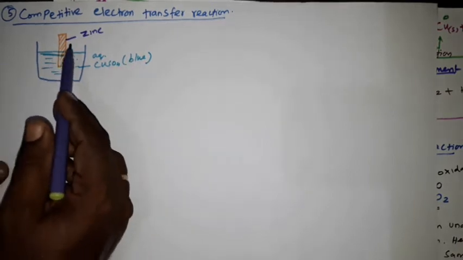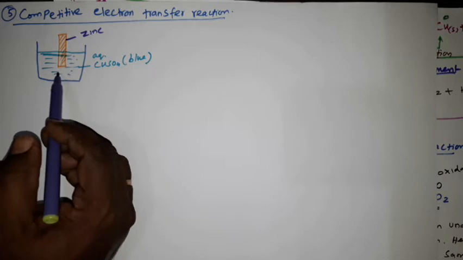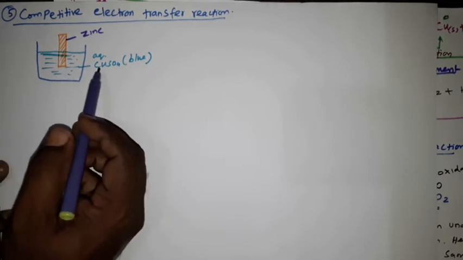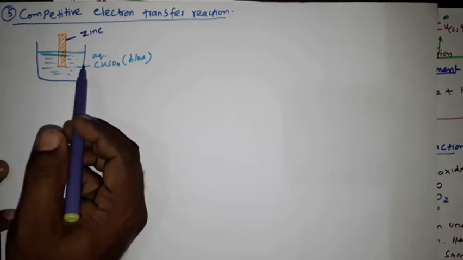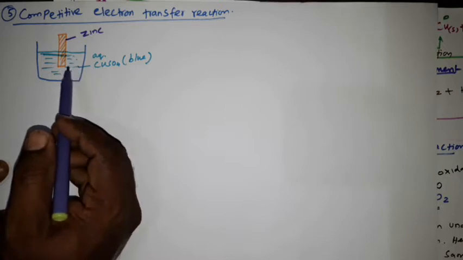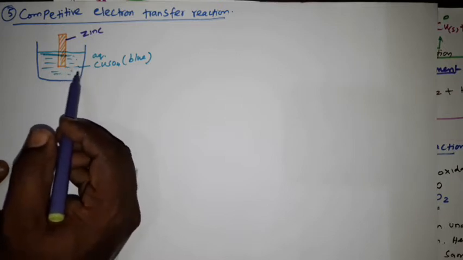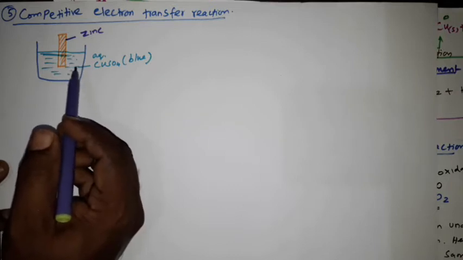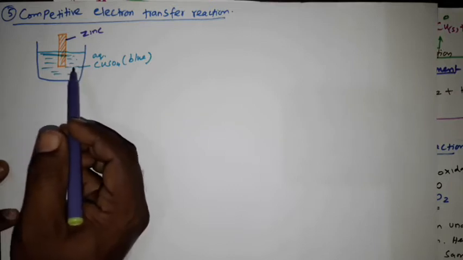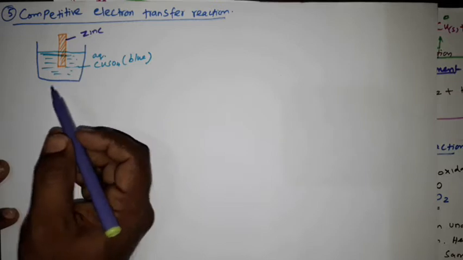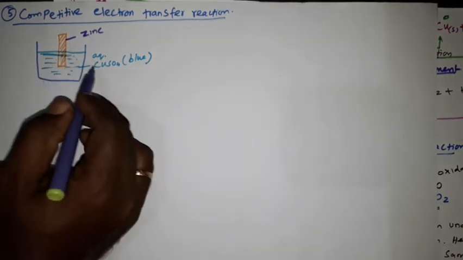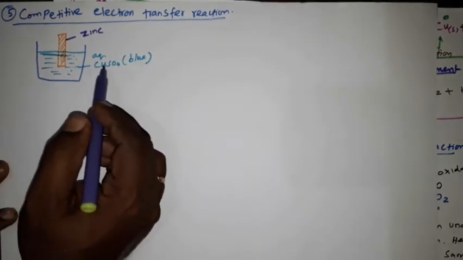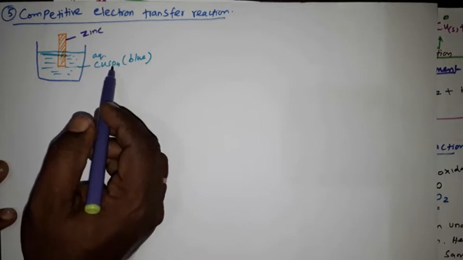When zinc metal is placed in an aqueous solution of copper sulfate, after some time when we observe, the intensity of the blue color slowly decreases, and finally it disappears. The reason is that zinc replaces copper from the copper sulfate solution.